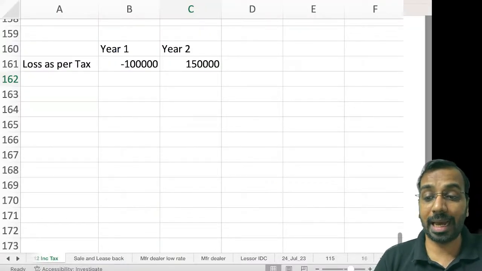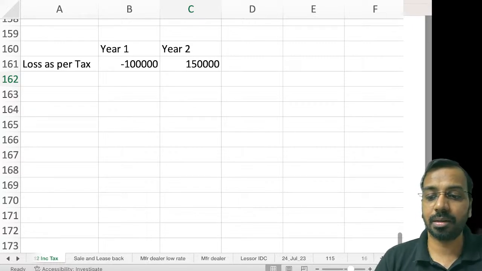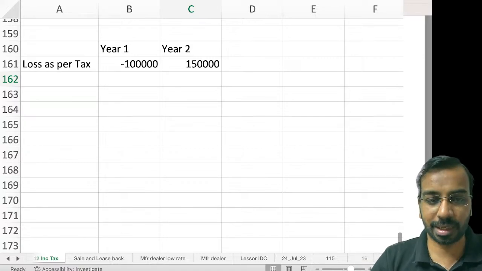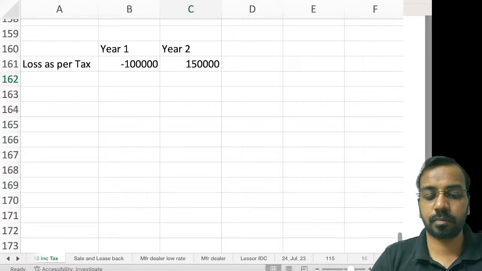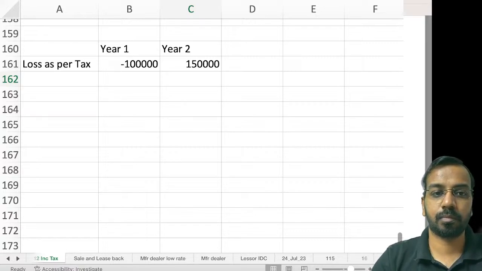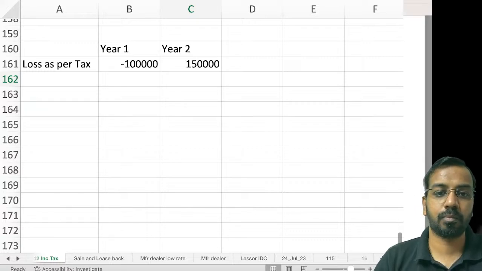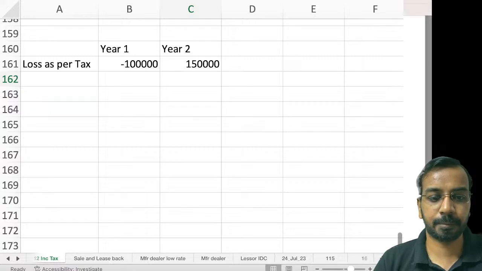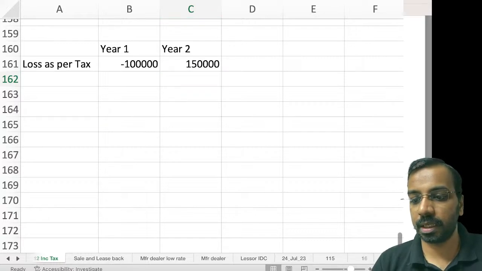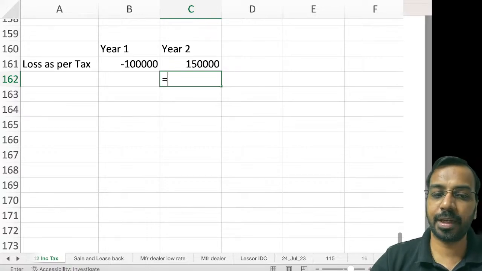If the loss in year 1 is 1 lakh and profit in year 2 is 1,50,000, what is the profit amount on which we'll pay income tax? 50,000, right? 150 minus 1 lakh, 50,000.